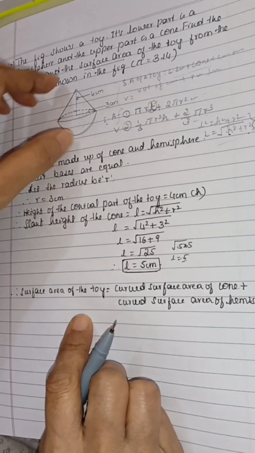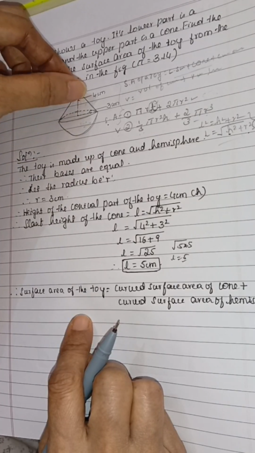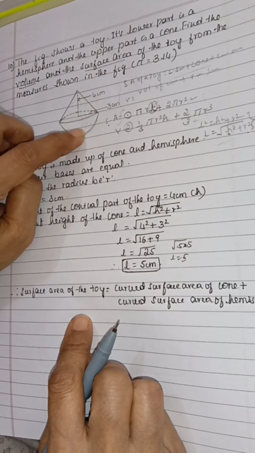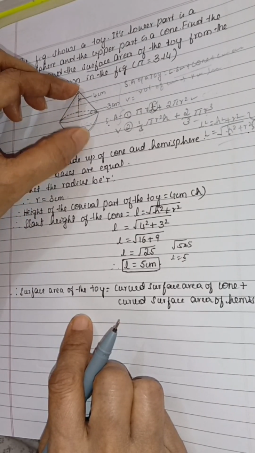We have to find out the curved surface area of cone plus curved surface area of hemisphere. That gives surface area of a toy.